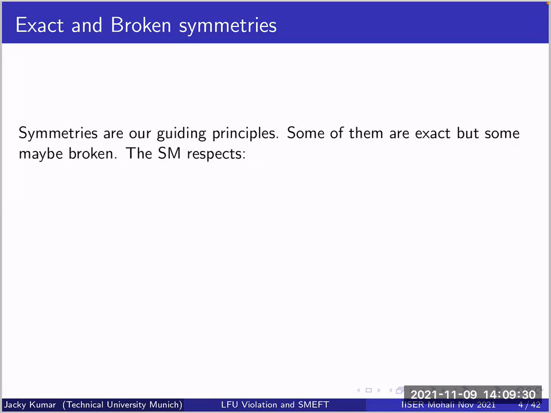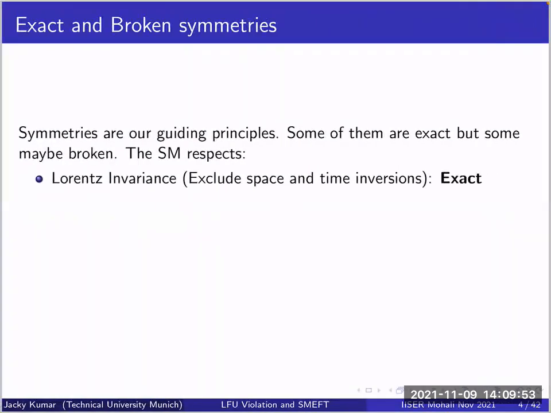Some of the symmetries, as you know, are exact. That means we haven't seen them to be broken in nature. They are always preserved, and some of them might be broken. In fact, many of the important symmetries which you see in the standard model are broken at some point. For example, the standard model in particular respects Lorentz invariance.